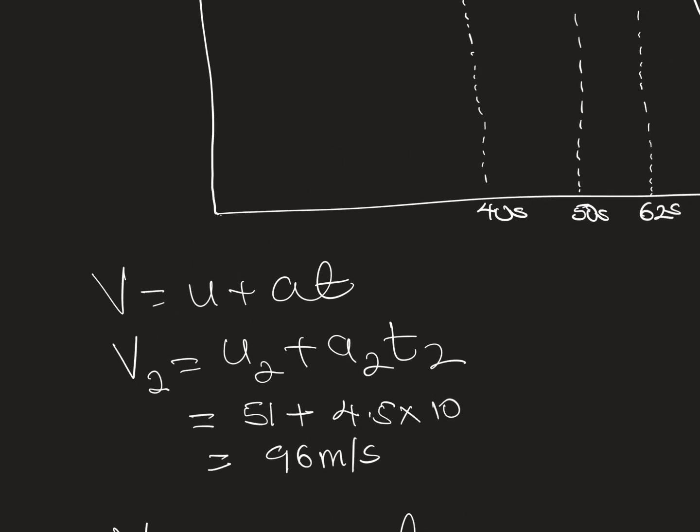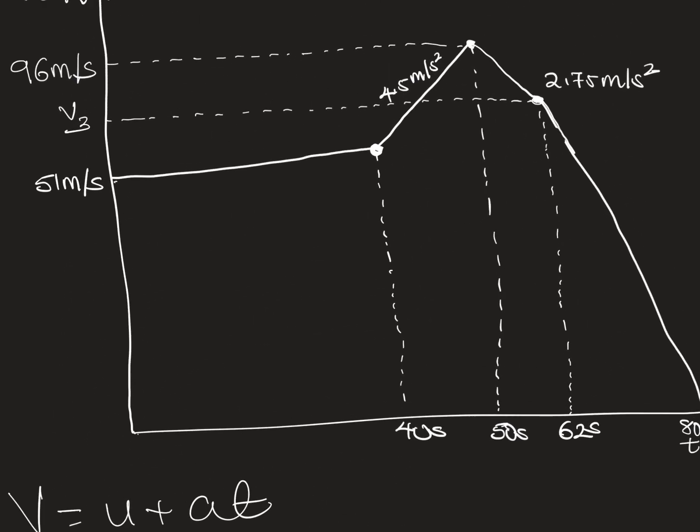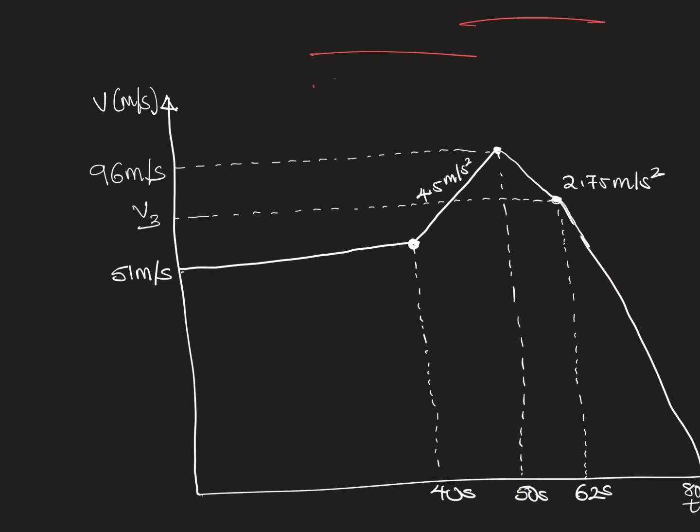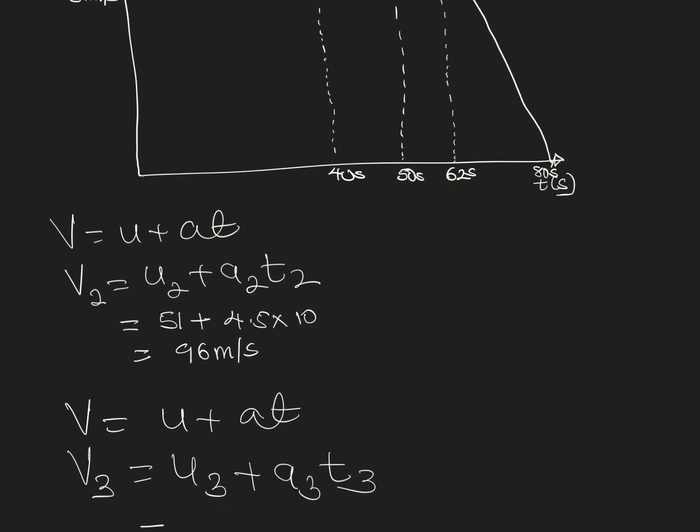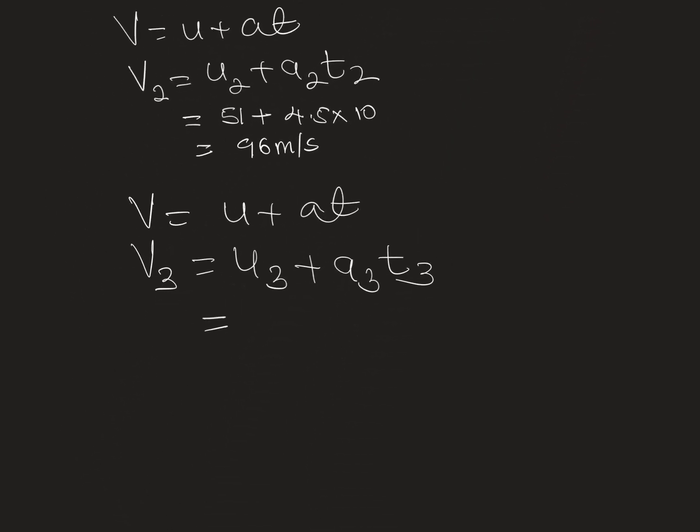What is the initial velocity of the third event? Let's refer back to the velocity time graph. This area is the third event. The initial velocity is this point, and that is 96 meters per second. So we'll have 96 plus, what was the acceleration?